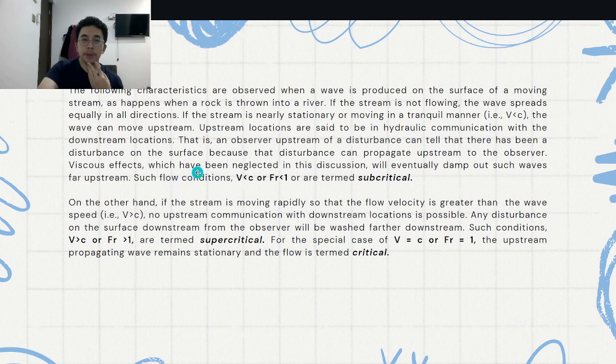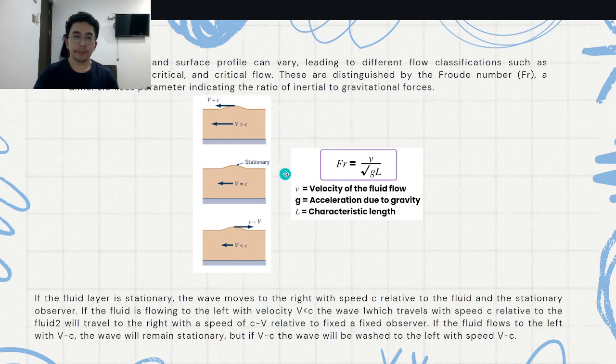Viscous effects, which have been neglected in this discussion, will eventually damp out such waves far upstream. Such flow conditions, where V is lower than C, or a Froude number lower than 1, are termed subcritical. So this is where the flow is subcritical.